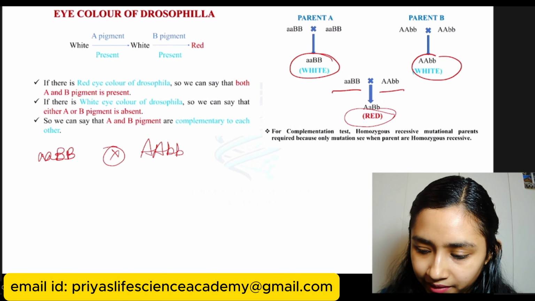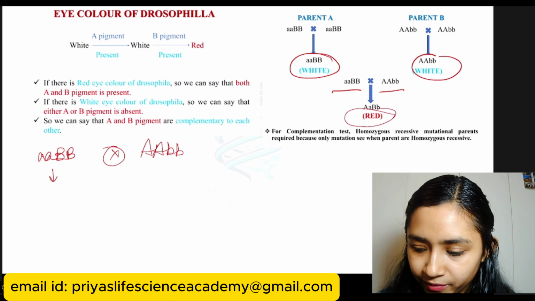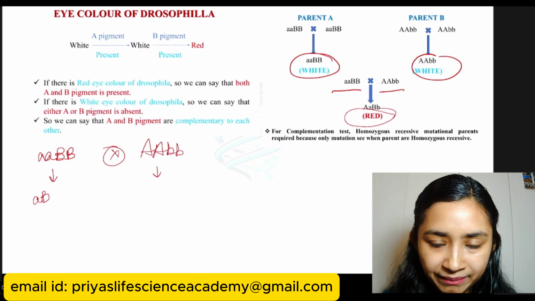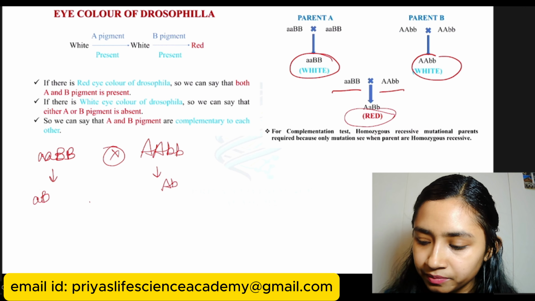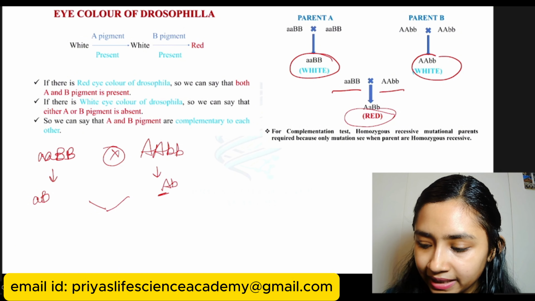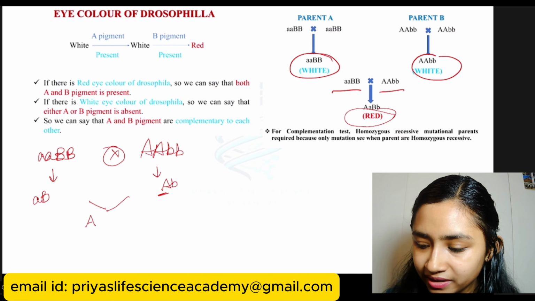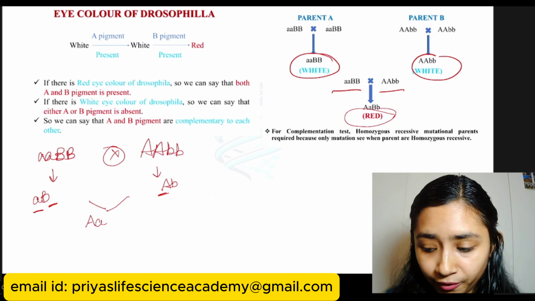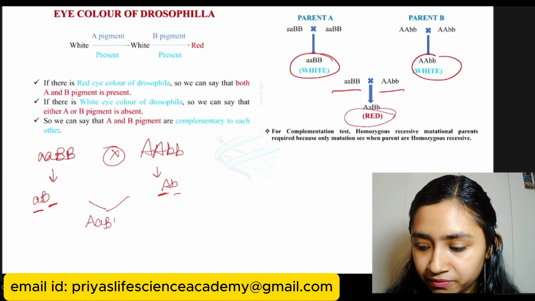When gametes are produced, what type of gametes will it produce? Small a, capital B. Here gametes will be capital A, small b. So when offspring is produced, it will get a capital A from this parent, small a from this parent, and capital B from this parent, and small b from this parent.